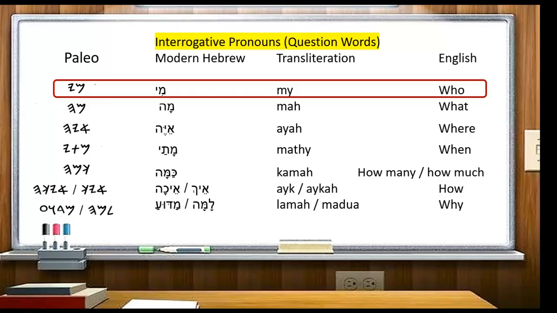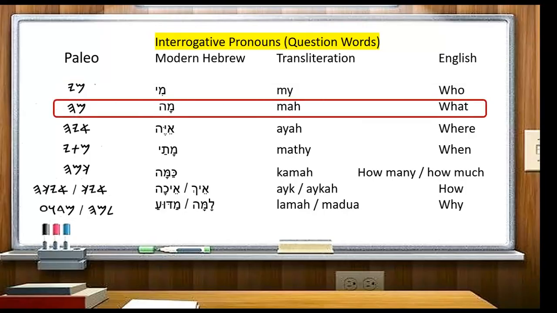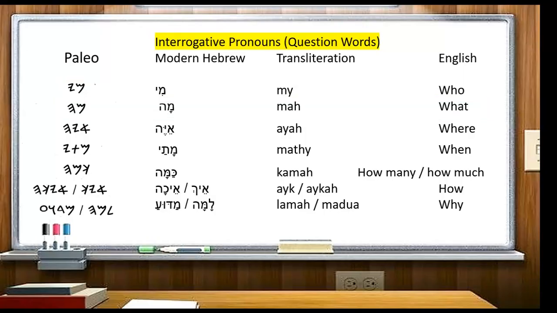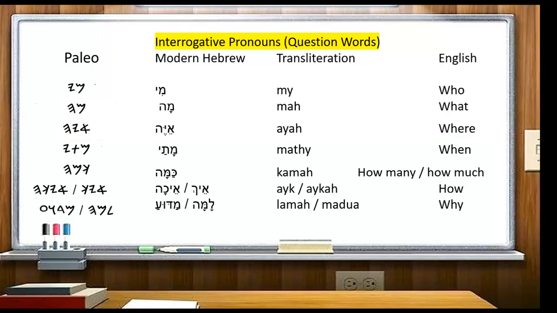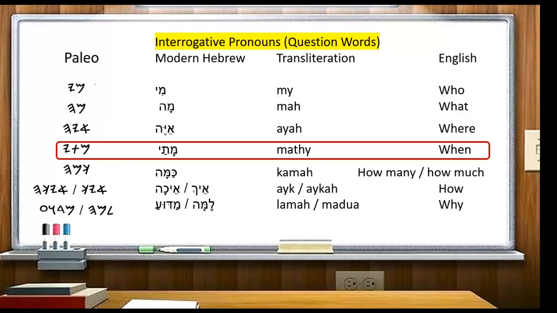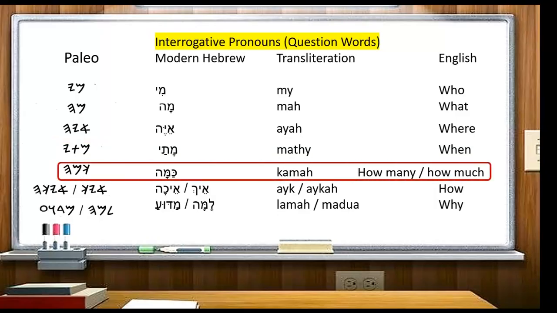To say what, you say ma. To say where, you say ayah. To say when, you say mathi. To ask how many or how much, you say kama.